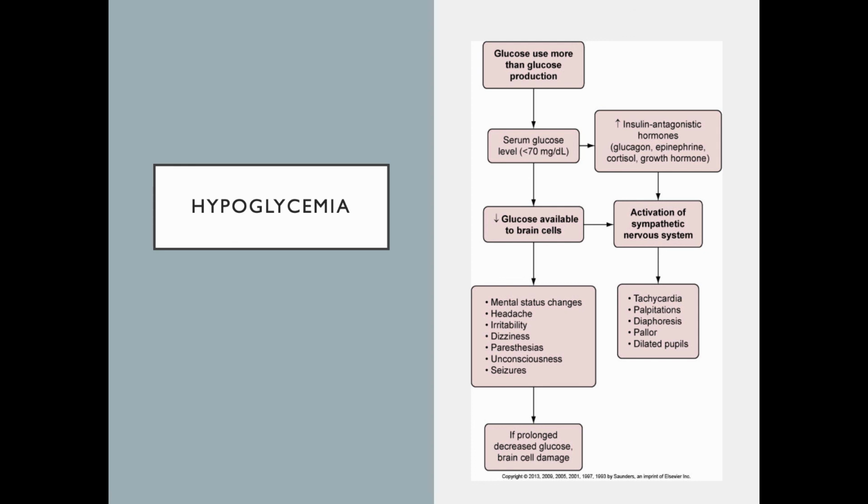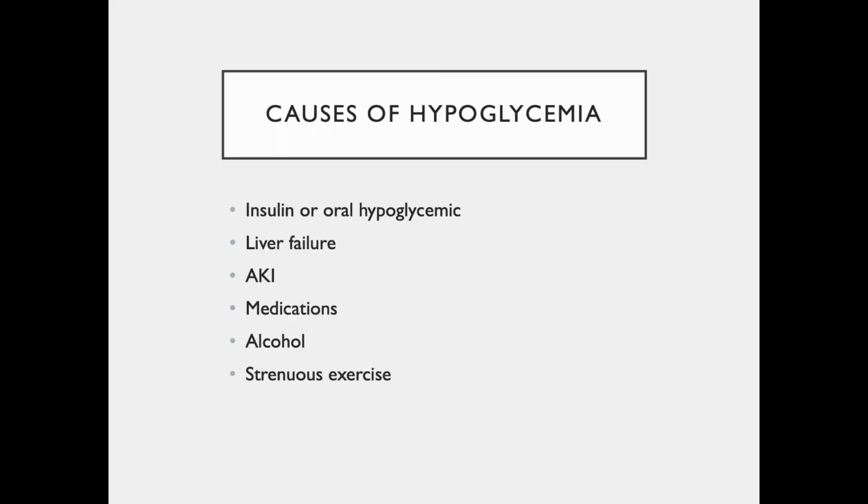But associated with those things are also tachycardia, palpitations, diaphoresis, all these things that, by the way, are masked by beta blockers, right? So we have to recognize this quickly so that we can intervene and prevent the problem.